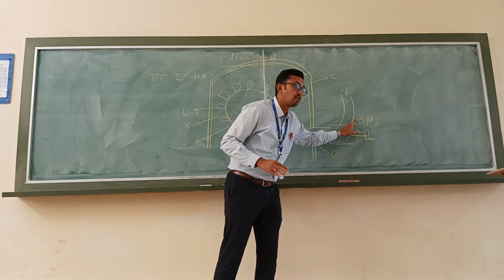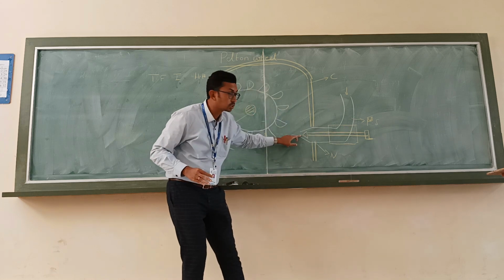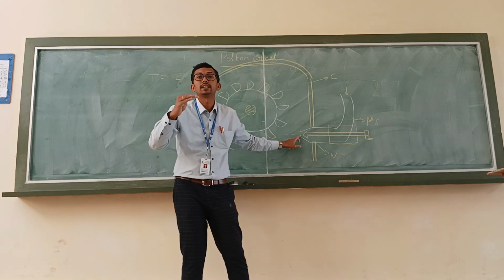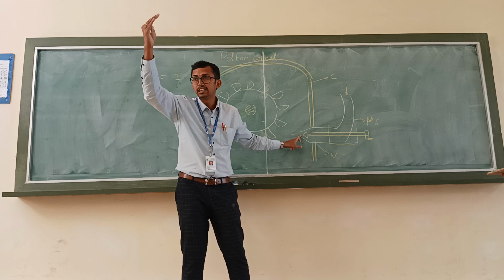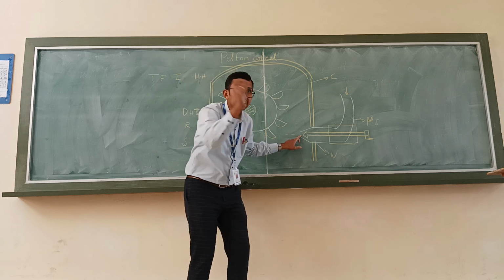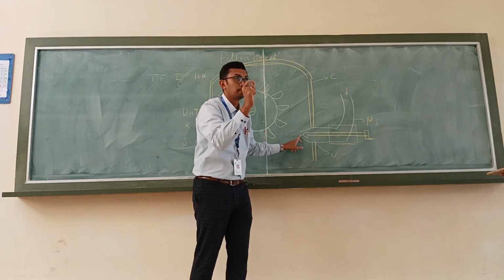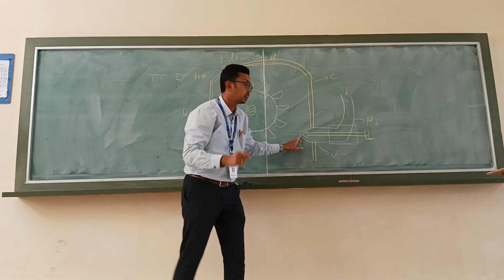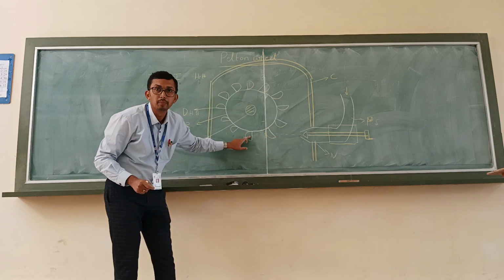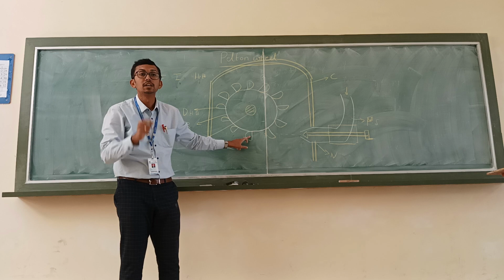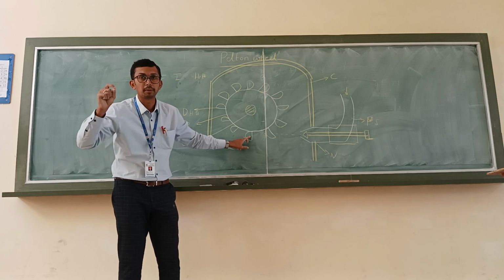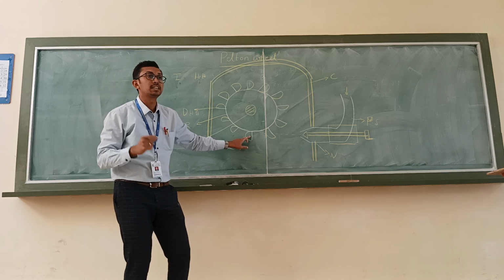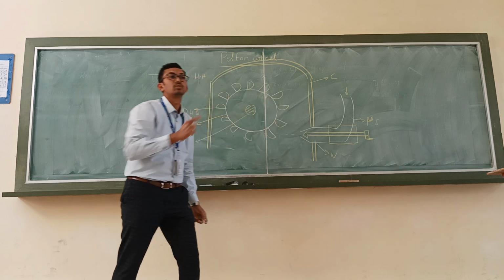This kinetic energy of water flows through the nozzle. What happens? The velocity of the water is going to increase. So this high jet of water, you have to tell this perfectly, is going to strike the blades. What kind of blades? Double hemispherical shaped blades. This results in impulsive force.